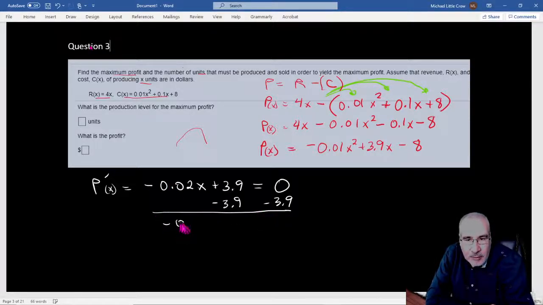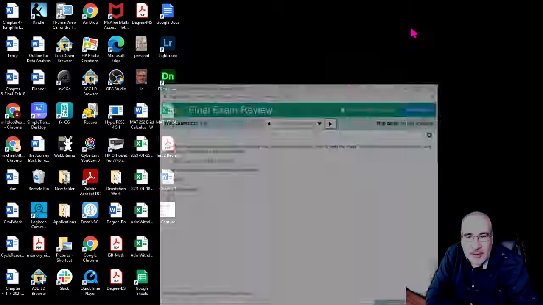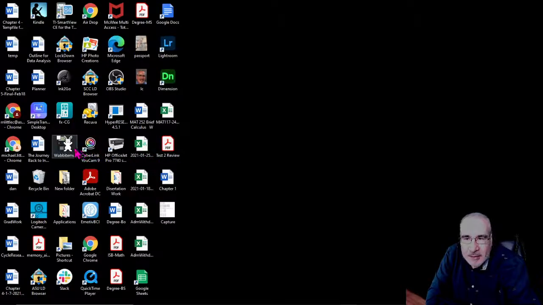We get negative 0.02x equals negative 3.9. Divide both sides by negative 0.02, so x equals that. I'm not going to try that one in my head.